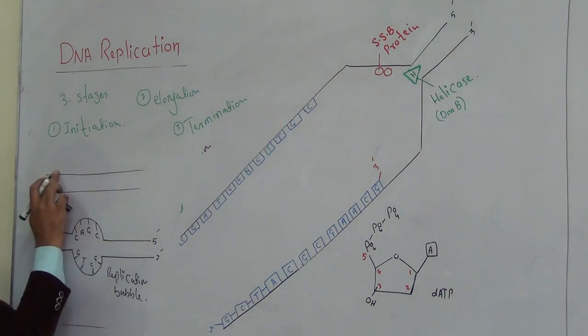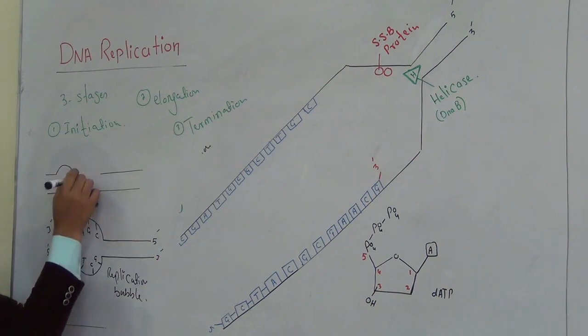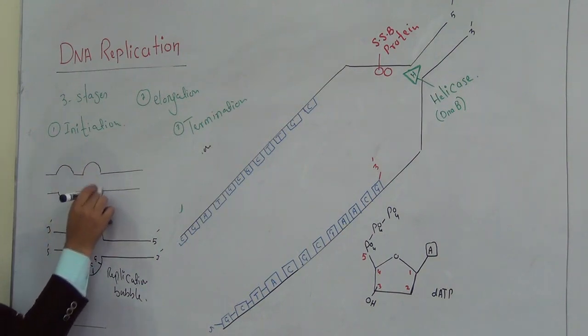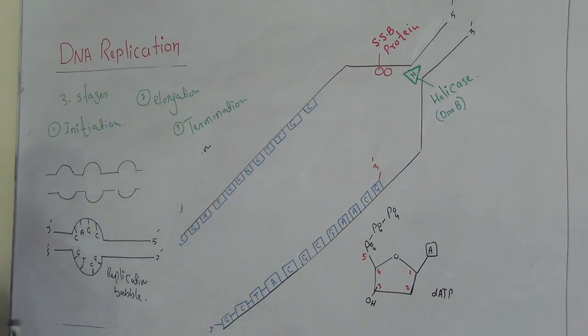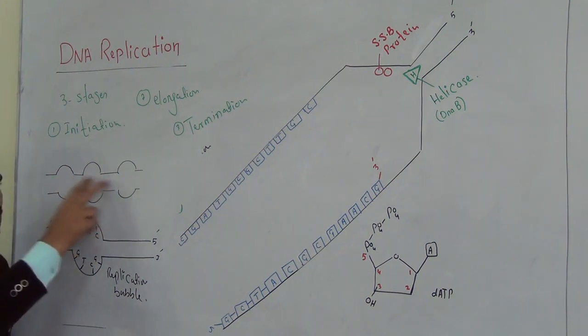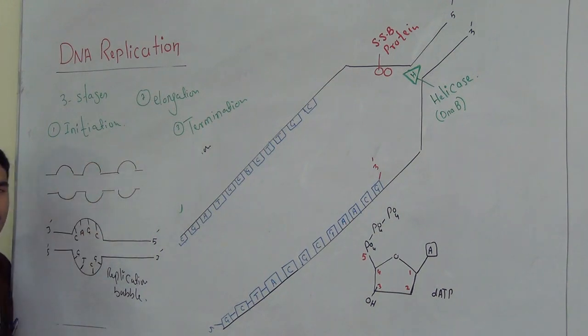You may find one replication bubble, two, right? You may find many replication bubbles. So the question is, why is there a need for many replication bubbles? The answer is that in order to make the process speedy, many replication bubbles are there. We are not concerned with those many replication bubbles. We are concerned with only one replication bubble like this.